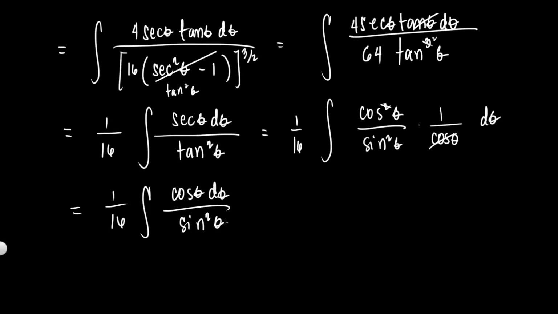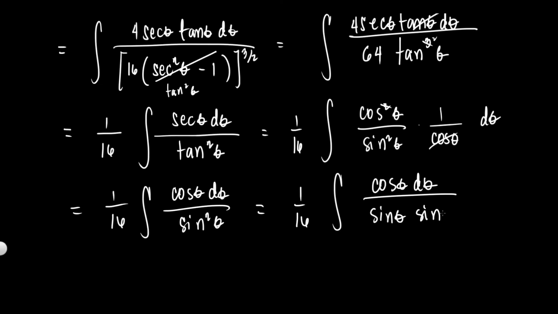Okay, now, 1 over sine squared, pwede rin siya kasi as ganito, no? 1 over 16 times the integral of cosine theta d theta over sine theta times sine theta. Para madaling makita, no? Cosine over sine is cotangent, and 1 over sine is cosecant theta. Okay? So this is 1 over 16 times the integral of cosecant theta cotangent theta d theta.